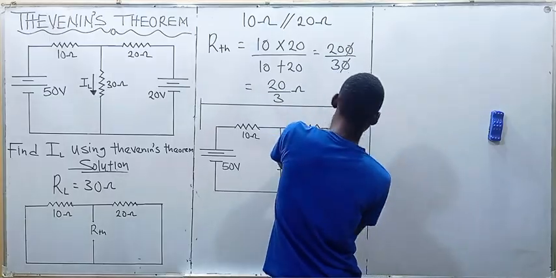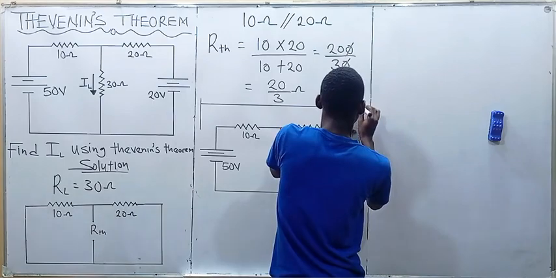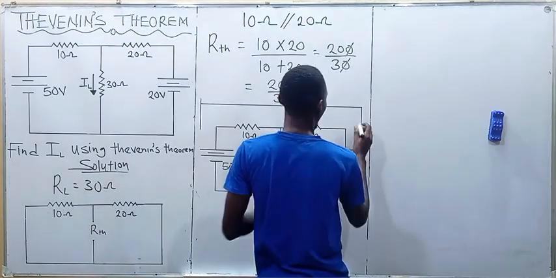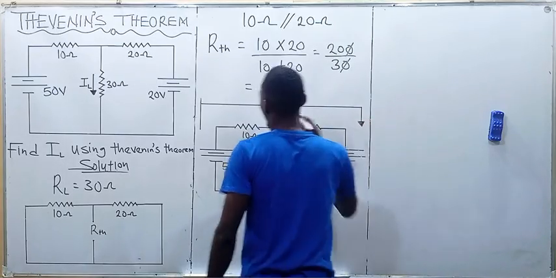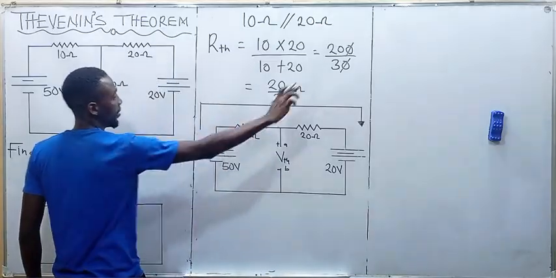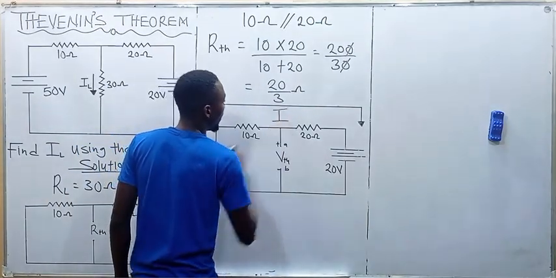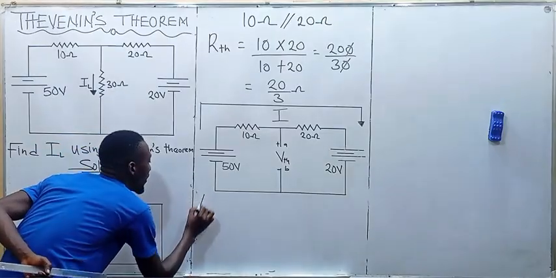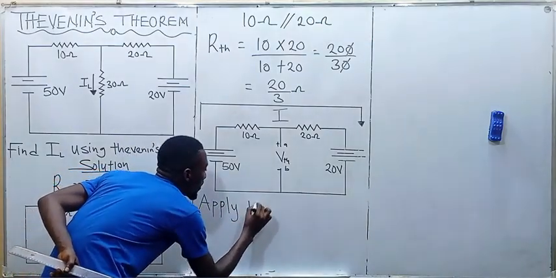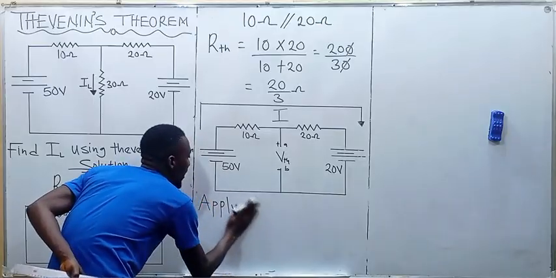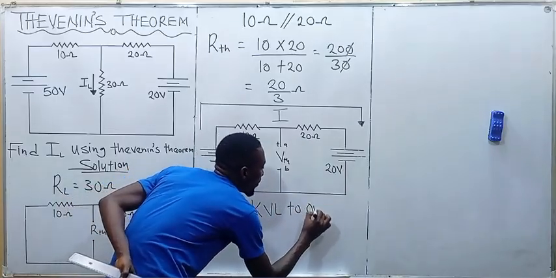I put an arrow here for us. So we are applying KVL to the outer loop, and let's take the current there to be I. Apply KVL to the outer loop.